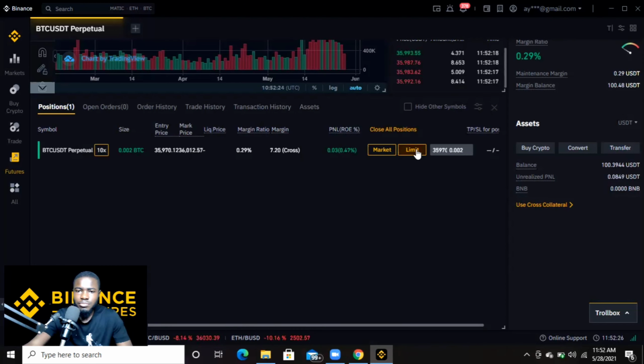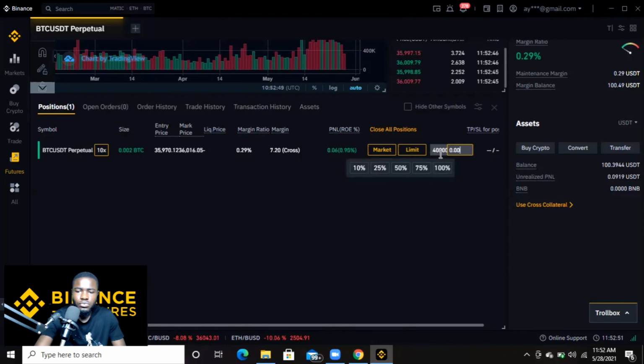So yeah, basically this limit price here, you can set it to, let's say, because you might be asleep when BTC goes to $40,000. So let's say you put it at $40,000, and you can also set how much of your position size you want it to sell at 40,000.